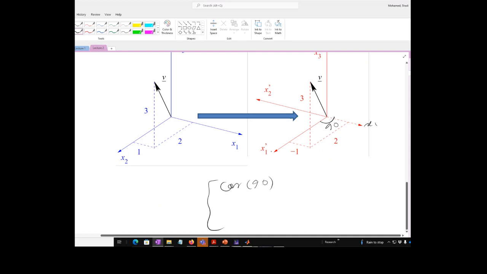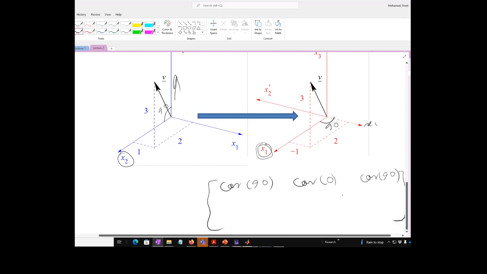Now, if you look into x1 new and x2 old, the x1 new is on top of x2 old, and the angle between both is 0. So it's going to be cos 0. And if you look at x1 dash and x3, x3 is pointing upward, and the angle here is basically 90, so it is going to be cos 90.